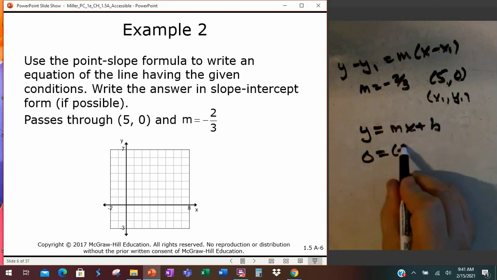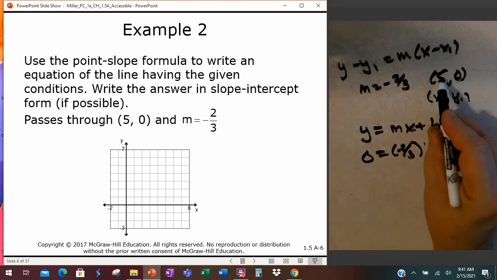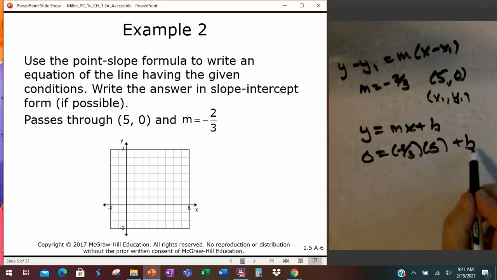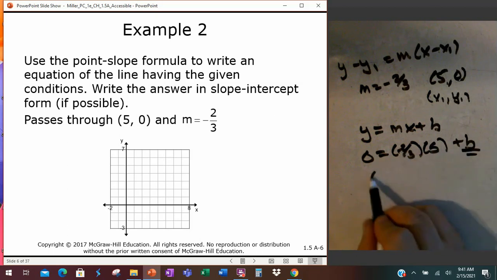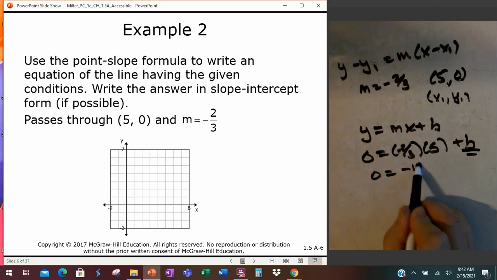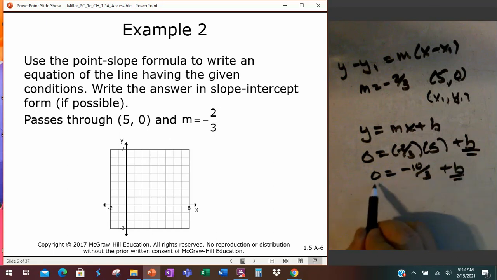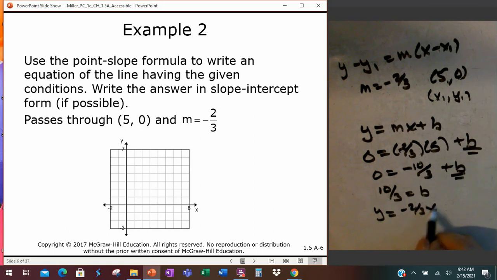So here's my negative 2/3, my x is 5, plus b, and that's what I'm solving for this time. And then here is just 0 is equal to minus 10/3 plus b. I want b by itself, so this goes over here, and my 10/3 is equal to my b. So then I just finish it up. y is equal to minus 2/3 x plus 10/3.